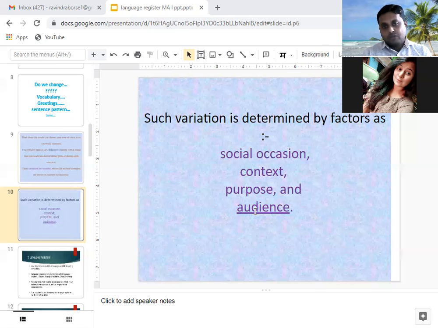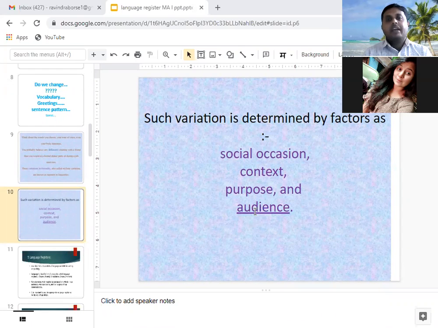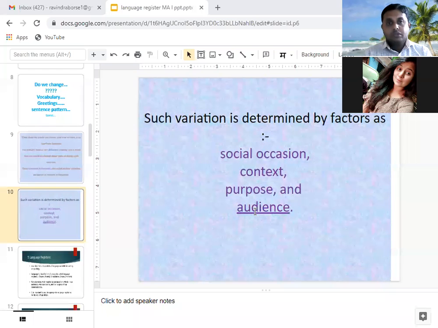If you go to botany classroom, right, and the language in the literature classroom is the same, that is English language, but register would be changed. What kind of register? Botany register of English is totally different. It is related to plants only, trees only, isn't it?